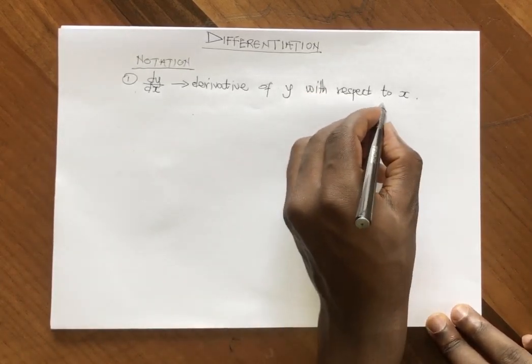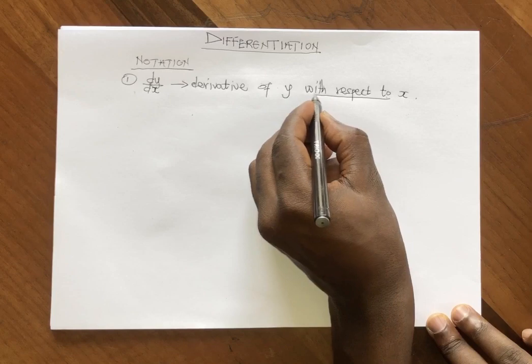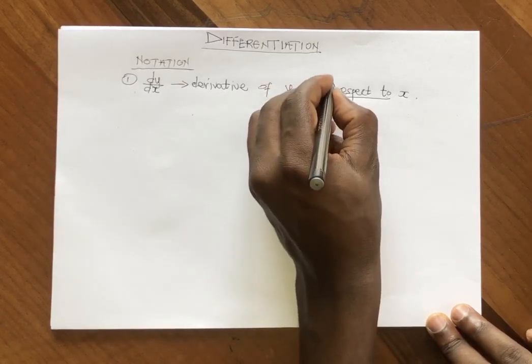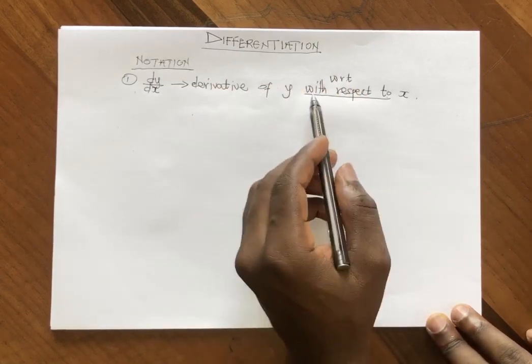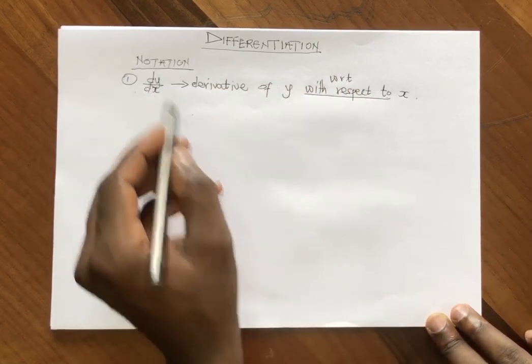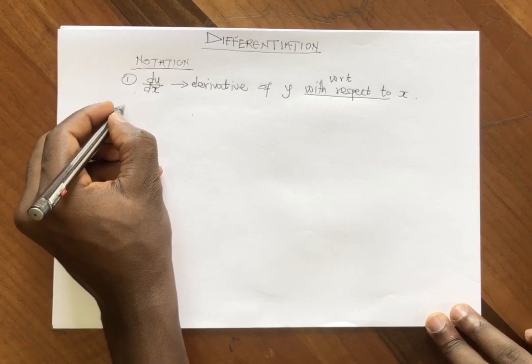In some books, instead of writing with respect to x, they will just use abbreviations, WRT. It means with respect to x. So this is the first notation that you will come by.